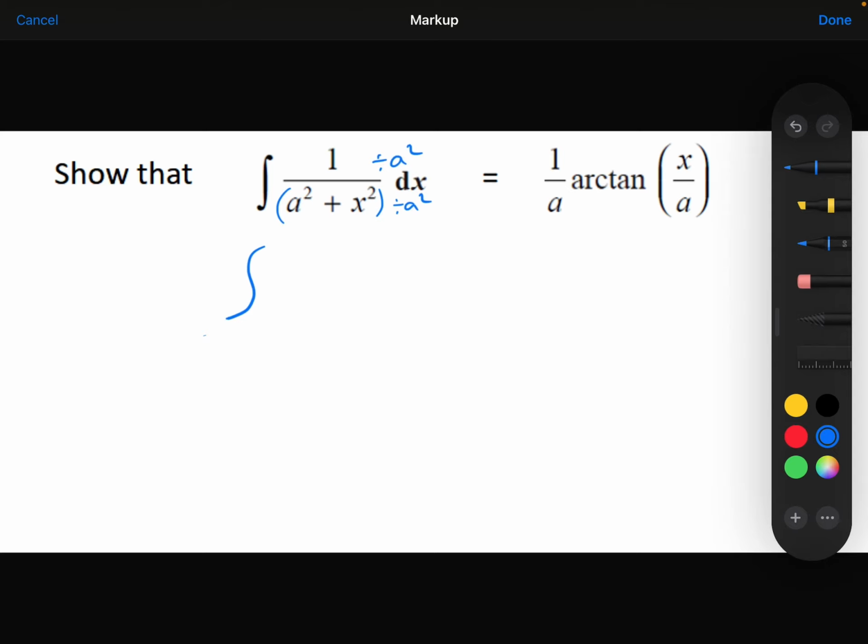So I've got my 1 over a squared on my numerator, which is just a constant, so I'm going to take that outside of the integral, like that. The key thing now is that a squared divided by a squared is 1, and then I've got the plus x over a all squared.